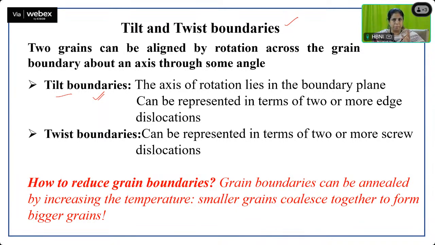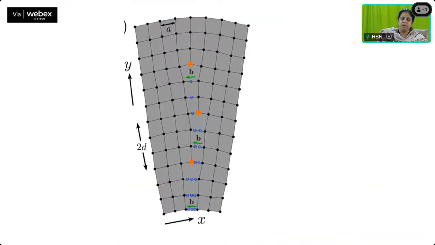Just to make it more clear, let's say I'm talking of a grain boundary here. Okay, this is the grain boundary. I don't want to make a red color over here, but it starts from here and ends here. So if you see, it can actually be represented in terms of three edge dislocations. One this, other this, and third one this.